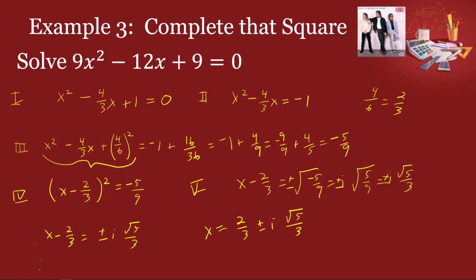And there we are. The solution set will be 2/3 plus or minus i root 5 divided by 3, or you can state both terms explicitly. So that right there is completing the square.